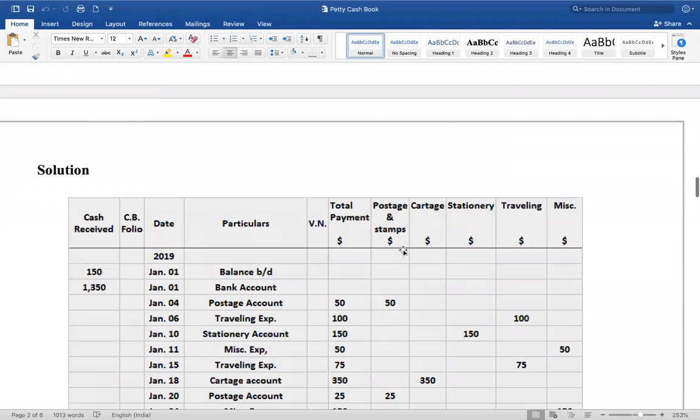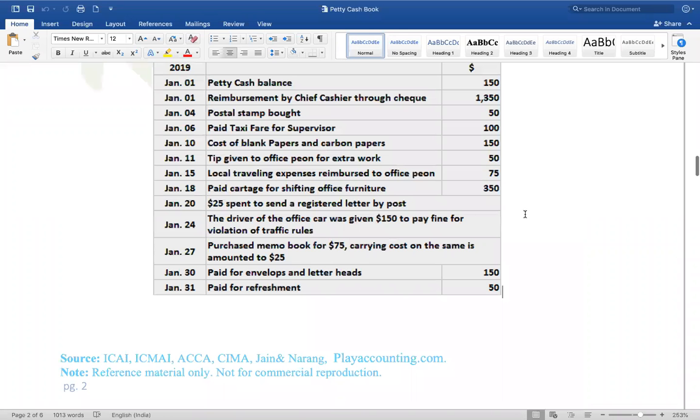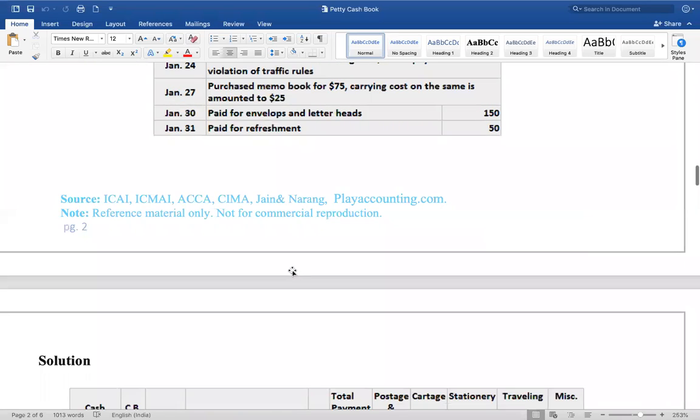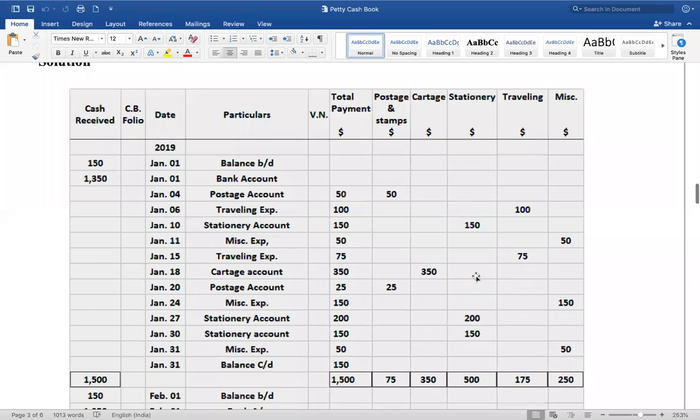And traveling or taxi is a common item, you have given a heading. Similarly stationery, like blank papers and carbon papers. And to shift the house or furniture, cartage, transportation.